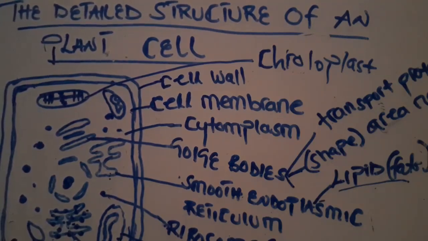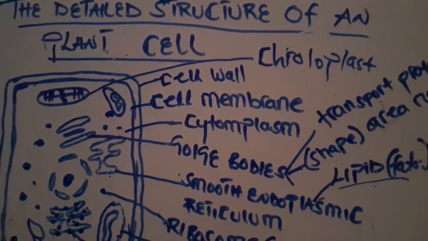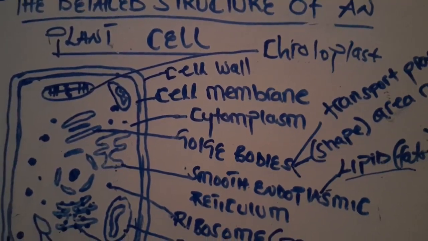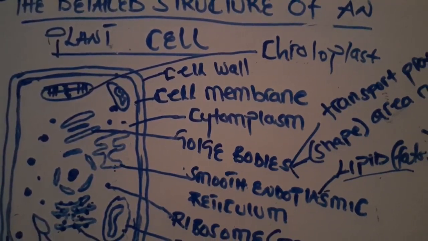So in the next lesson, we are going to discuss the difference between an animal cell and a plant cell. Then from there, we are going to discuss other cells.